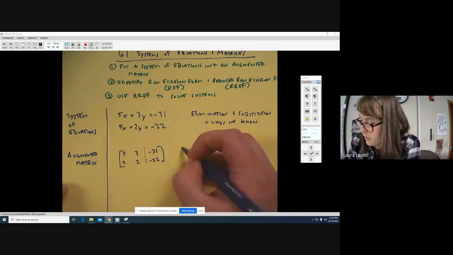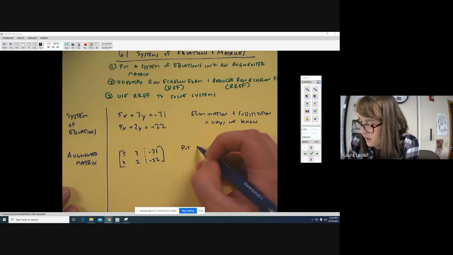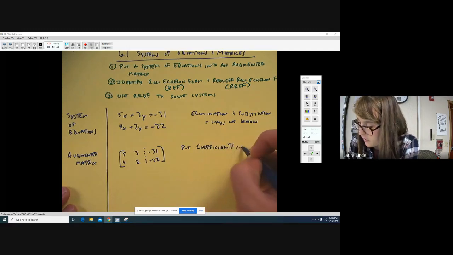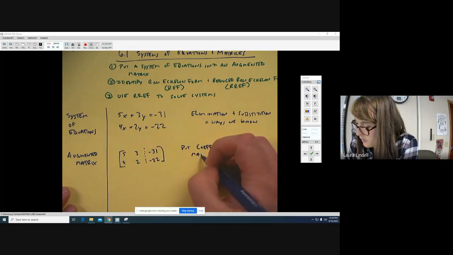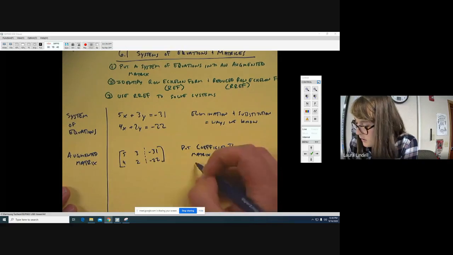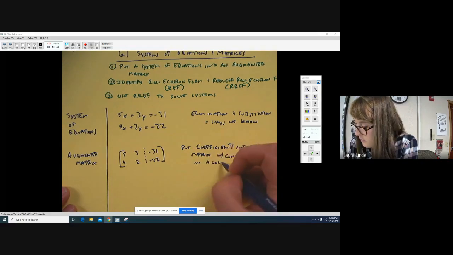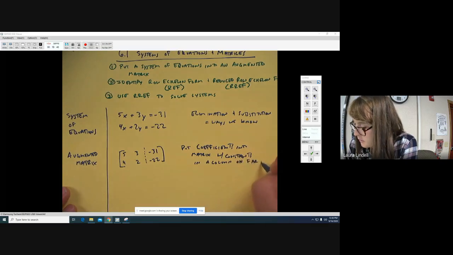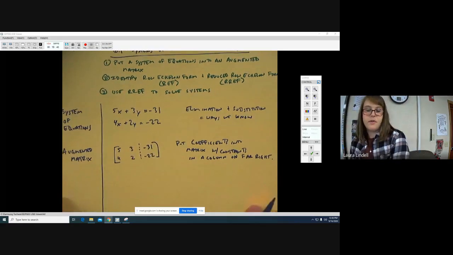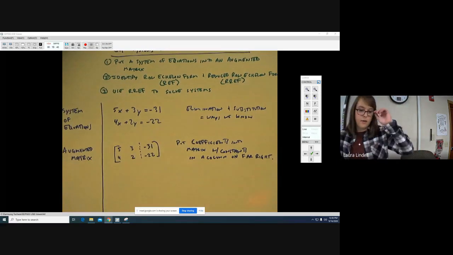So you basically put the coefficients into a matrix with the constants in a column on the far right. Okay.